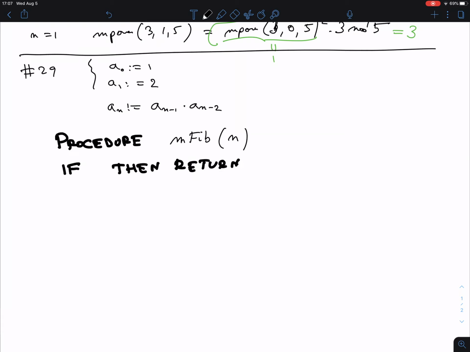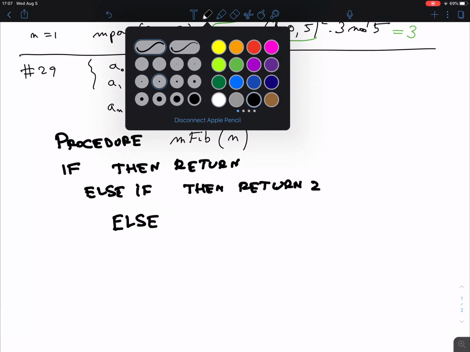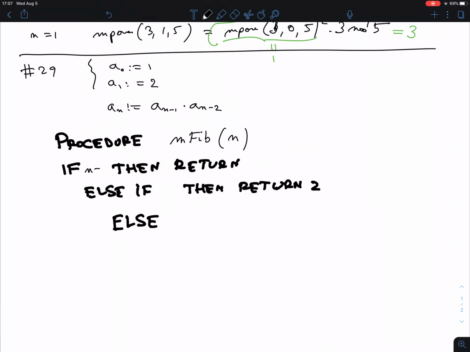Else if n is 1, then return 2. Else, and here's then the real thing. Okay, so let me fill in what I said in words. So if n is 0, then return 1.